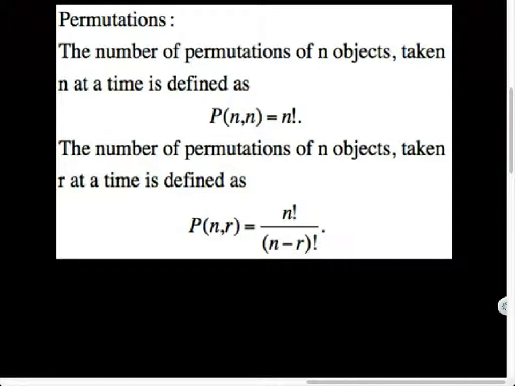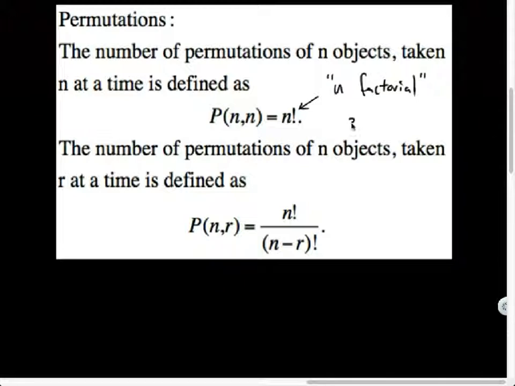The number of permutations of n objects taken n at a time is defined as n factorial. All right, so this is read as n factorial. We talked a little bit earlier about what factorial meant, where you take whatever positive whole number integer it is, and you multiply it by all of the integers less than it going down to 1, right?